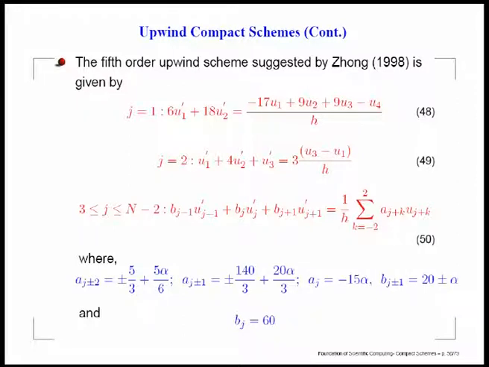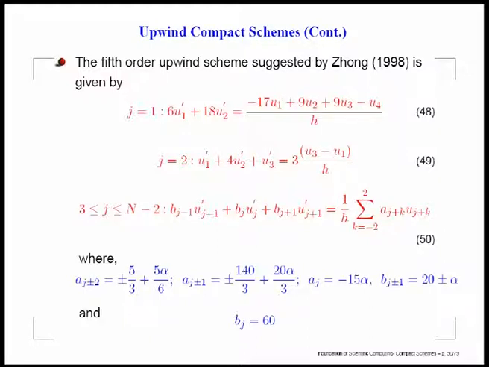This was what Zhong proposed in 98. It is basically a fifth order upwind scheme. What is it that we mean by fifth order? Well, that is all embedded in equation 50, and what you would notice is that if it was a central scheme, then Bj minus 1 should be equal to Bj plus 1.